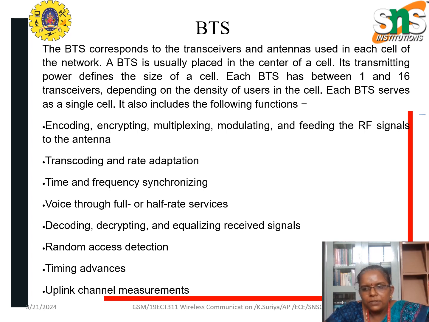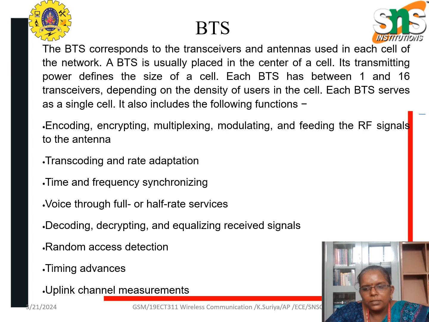The base transceiver station is usually placed in the center of the cell. Its transmitting power defines the size of the cell. Each base transceiver station has between 1 and 16 transceivers, depending on the density of the users in the cell.